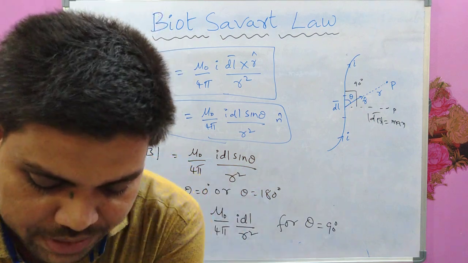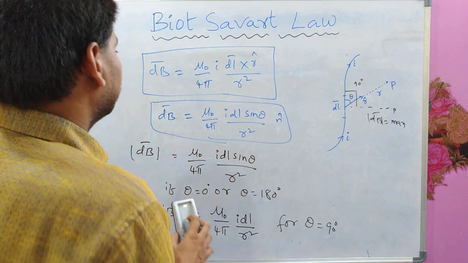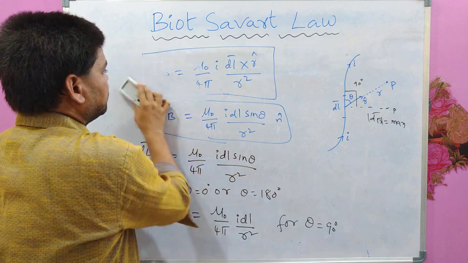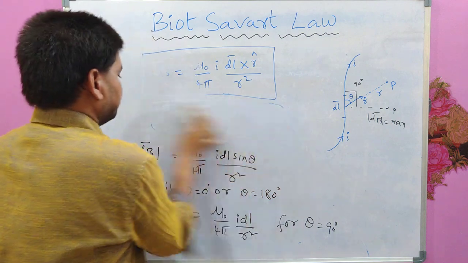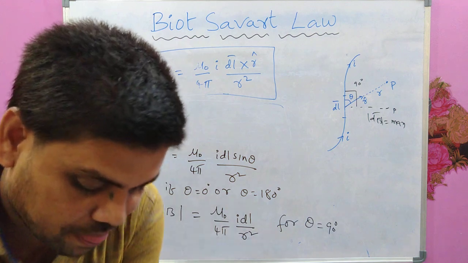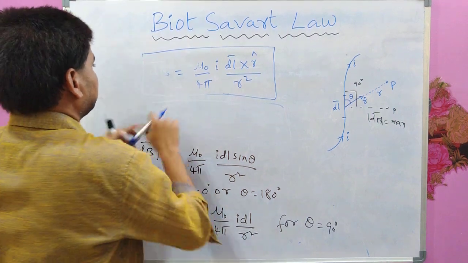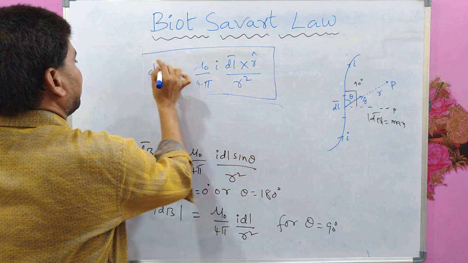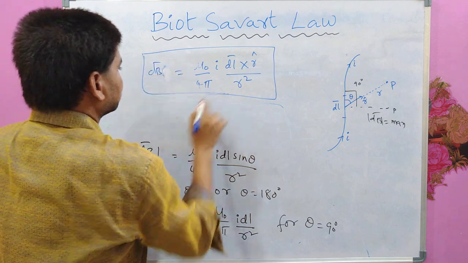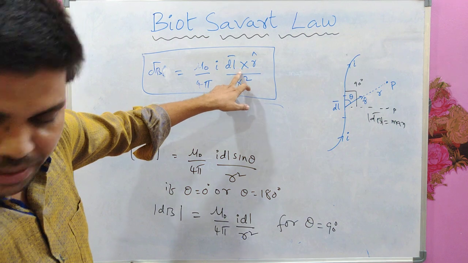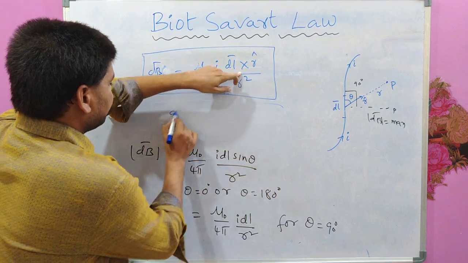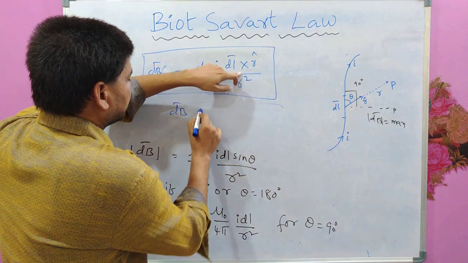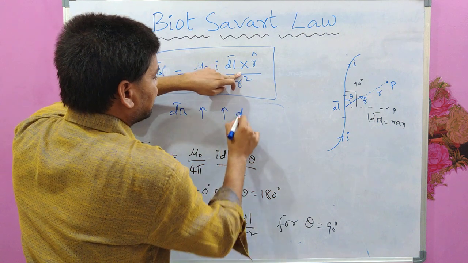And one more important thing regarding direction, the another point that we should make is, if you see this expression, which is the formula for magnetic field, dB is in the direction of dl cross r.